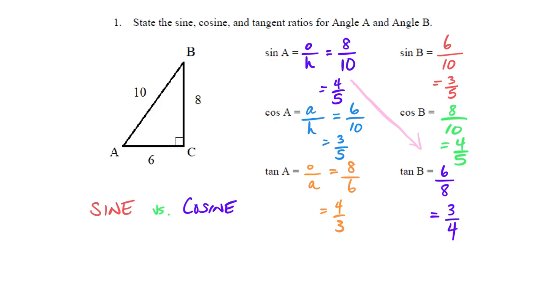Those are complementary angles. So what that says is, if I look at the sine from one angle's perspective, then it is equal to the cosine from the other angle's perspective.